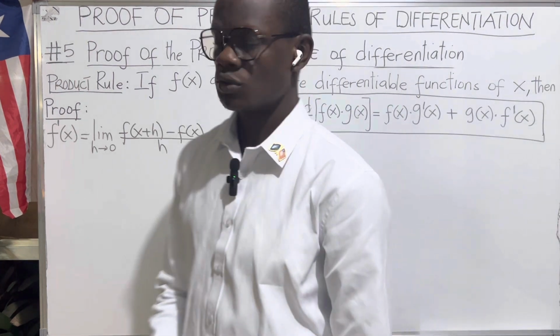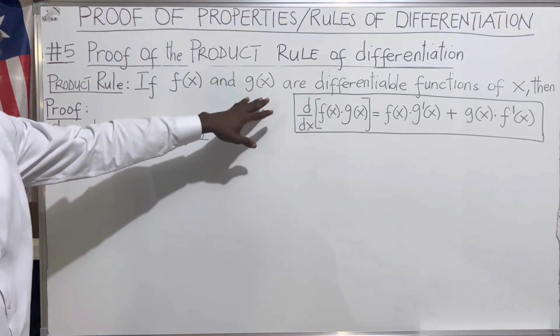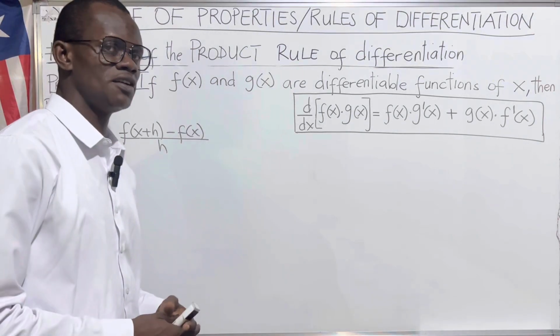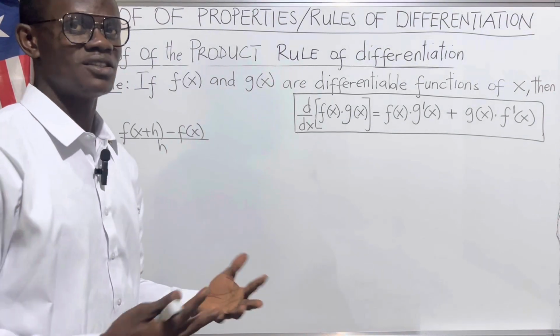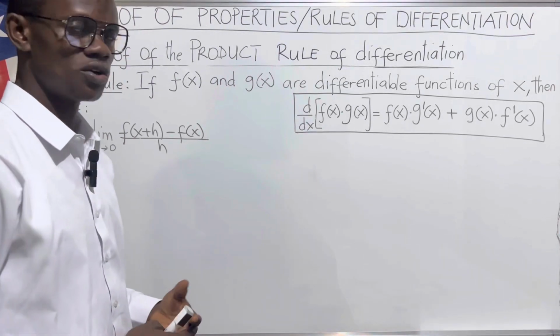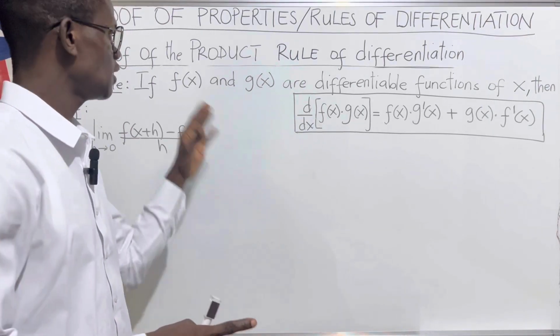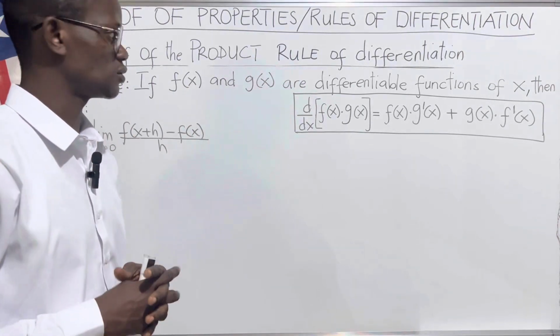To start with, we say if f of x and g of x, forgive me if I just like using f of x and g of x, but I could use h of x, p of x, q of x, just any functions to represent two distinct functions.